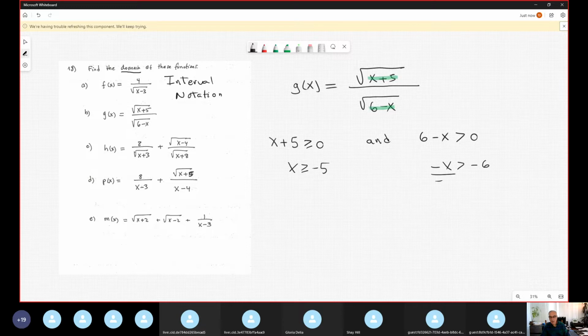And you divide by negative 1 because I need positive x, not negative x. You need to remember that when you divide by negative 1, you reverse the inequality sign. So actually, x alone is less than 6. Okay? We have two pieces, this piece and this piece. I put them together in the number line.